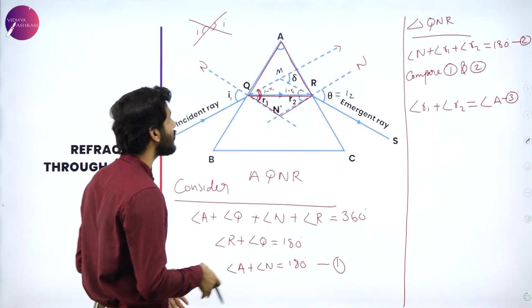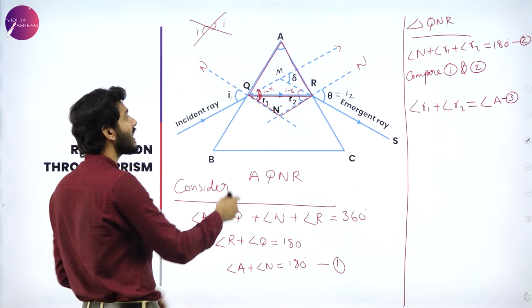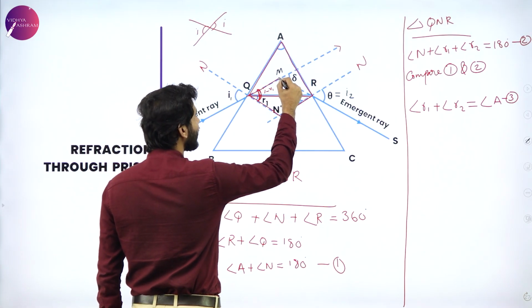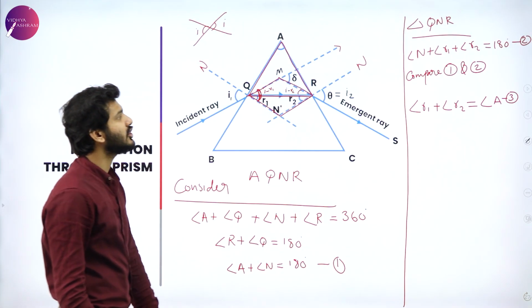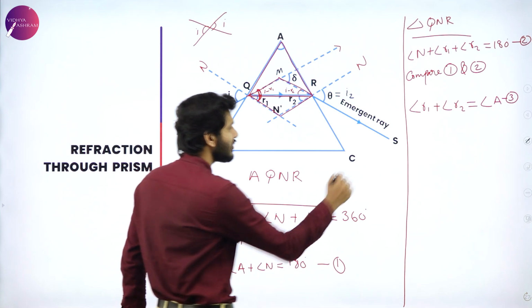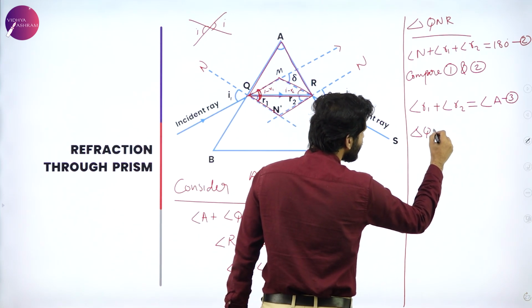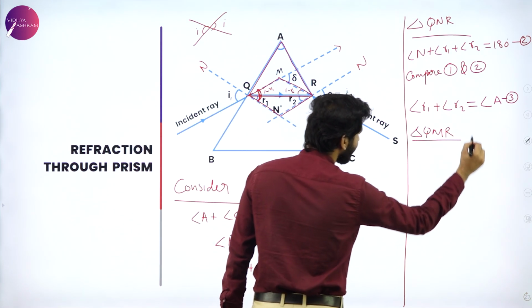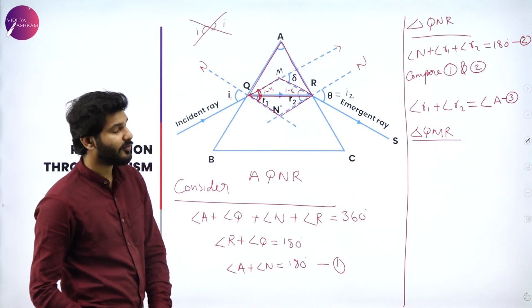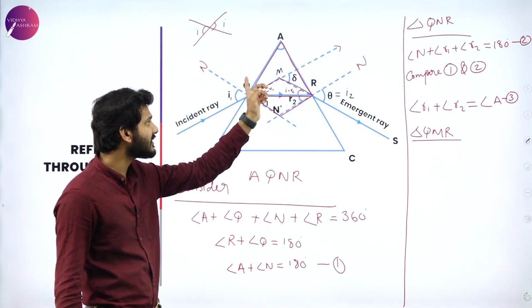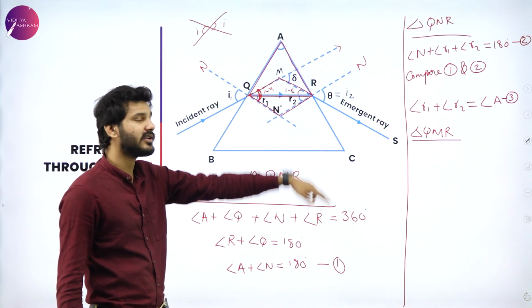Now again, we are going to consider the third triangle, that is this particular triangle QMR. So considering triangle QMR, we already found out the angles, that is I minus R1 and I minus R2.